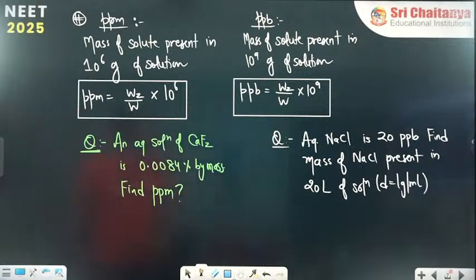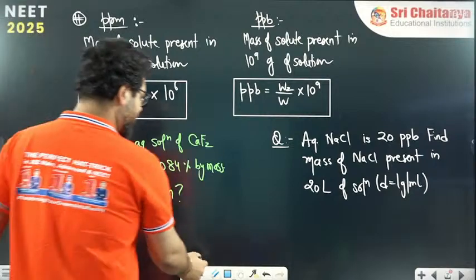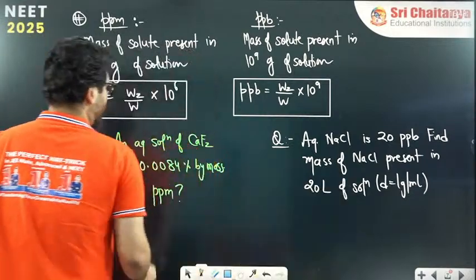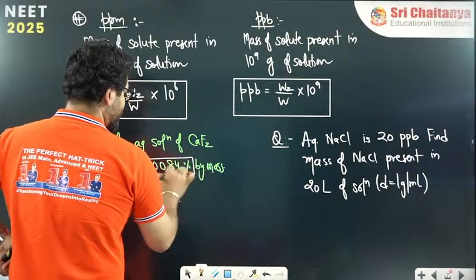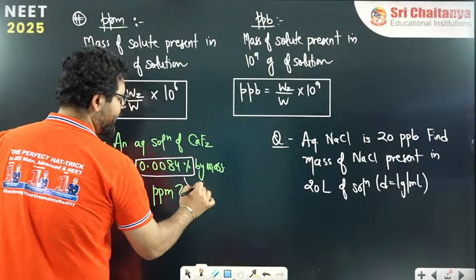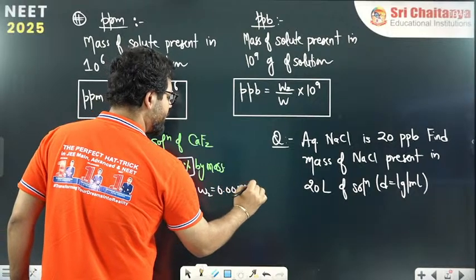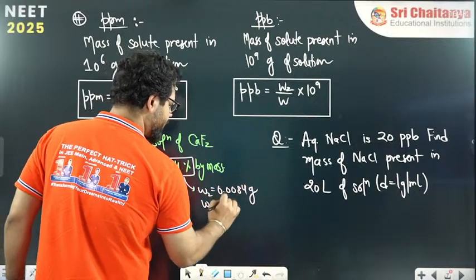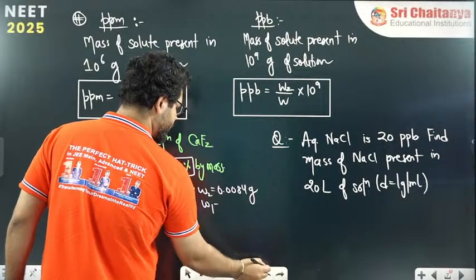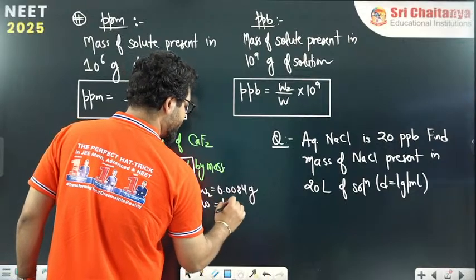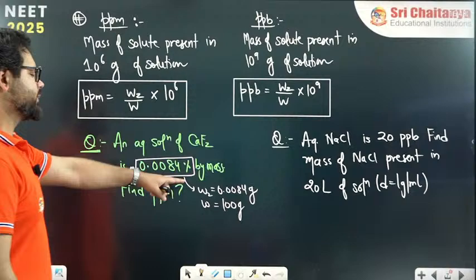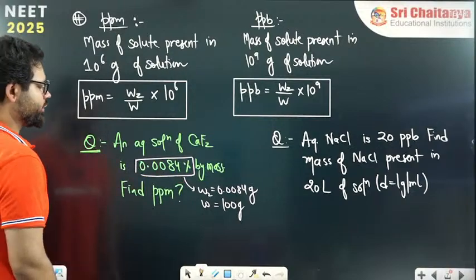Okay, so I'll be solving it. First one, 84, Ranga is saying. 0.0084% means if the weight of solute is 0.0084 gram, then the solution is 100 gram. That is the meaning. This much gram is dissolved in 100 gram of solution.